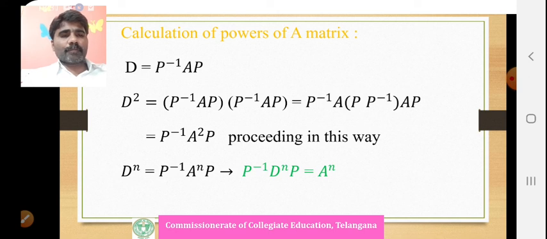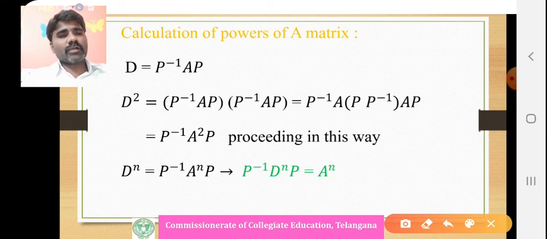Sorry, D equals P inverse AP, this is P, this is not P inverse. Here it is P inverse. So P D power n P inverse becomes A power n.